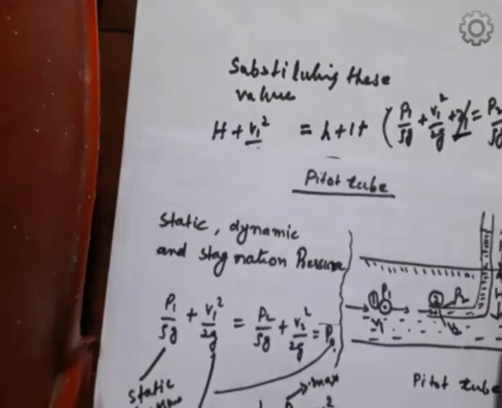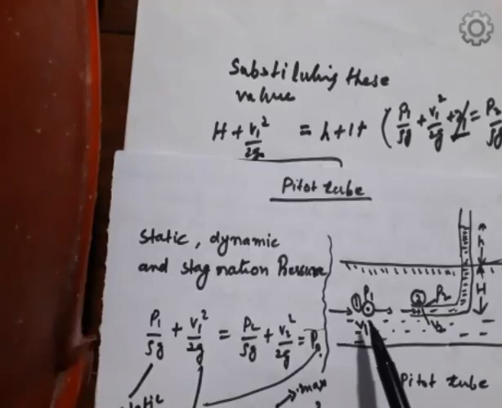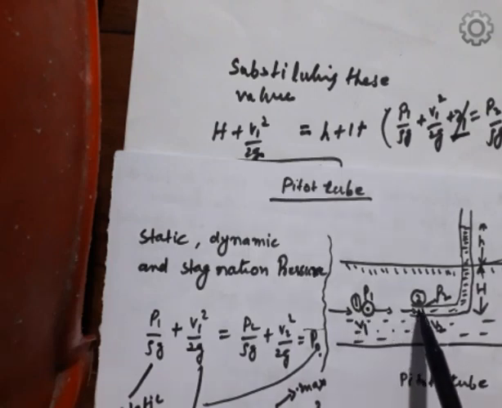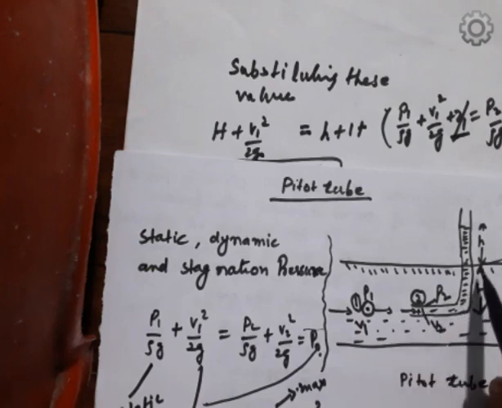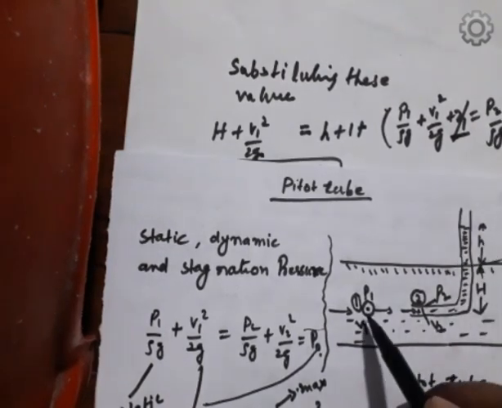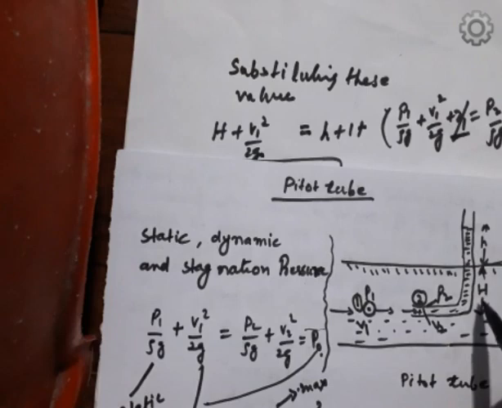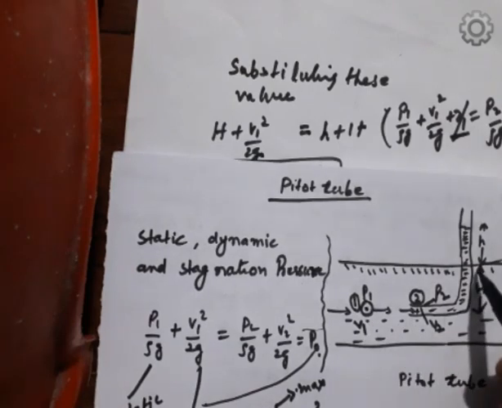So here the application of stagnation pressure is used. Here the velocity is V1, but when the fluid enters into the tube, the velocity becomes 0. Then the head rises in this tube. When the velocity is V1 here, then the height is h1. So pressure P1 is h1. Static pressure is h1.